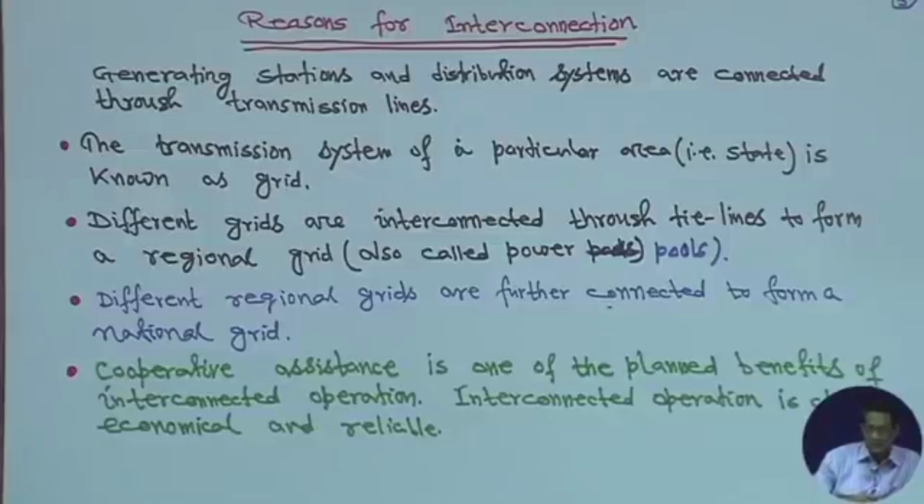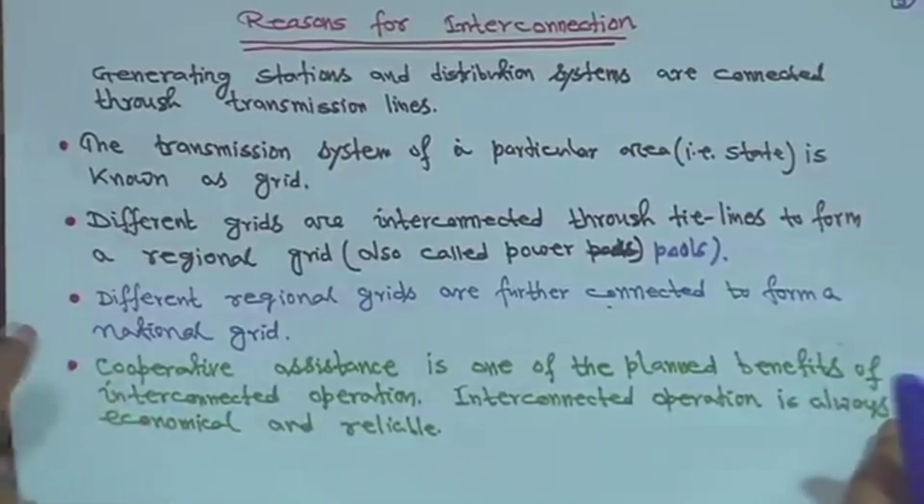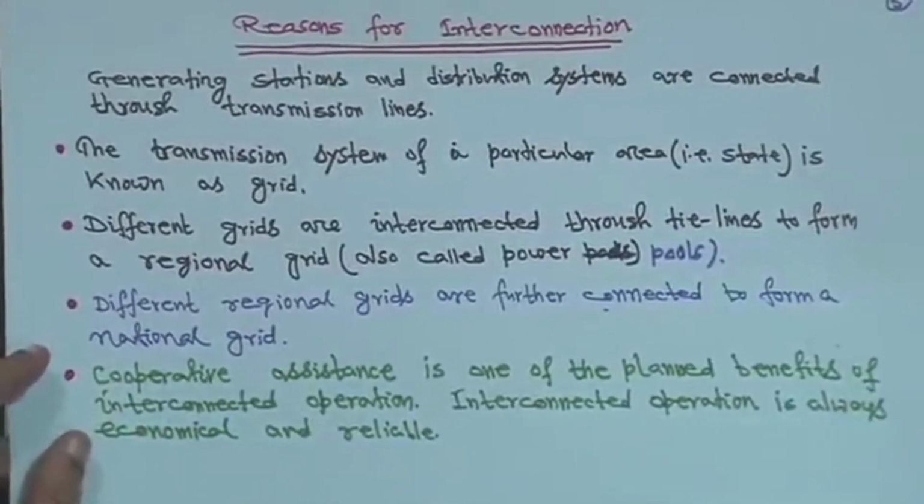So next is the reason for interconnection. Cooperative assistance is one of the planned benefits of interconnected operation, because when 3-4 power systems are interconnected together, basically this is for cooperative assistance. Interconnected operation is always economical and reliable. More we will see later, when we come to the different topic.